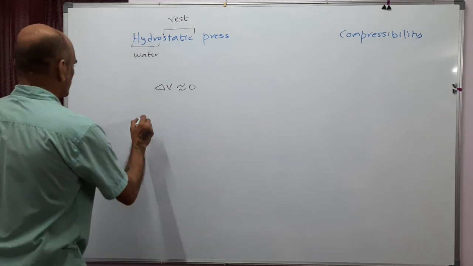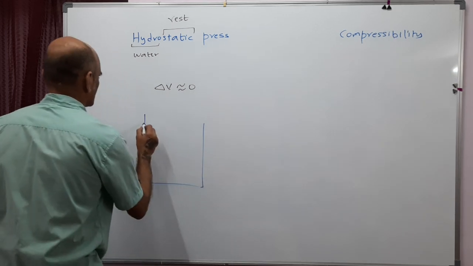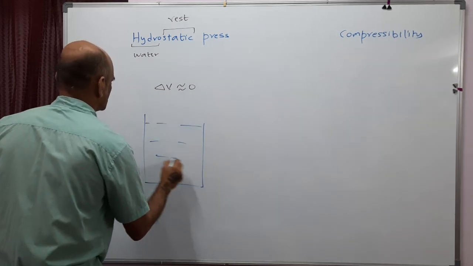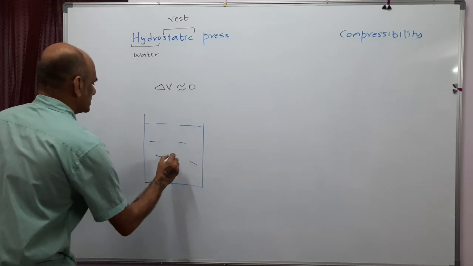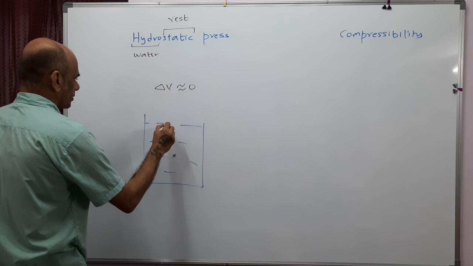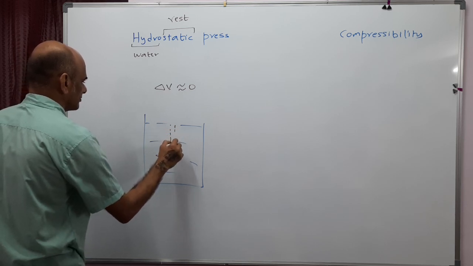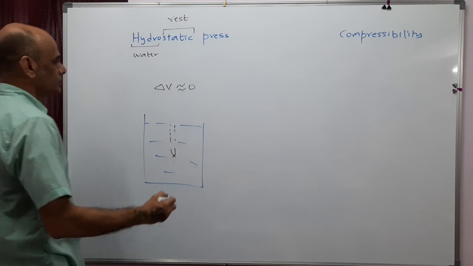If you have a column of water in a large vessel, there is water here. Pressure at any point inside the water is because of the weight of the fluid or water above it. And pressure is force per unit area.